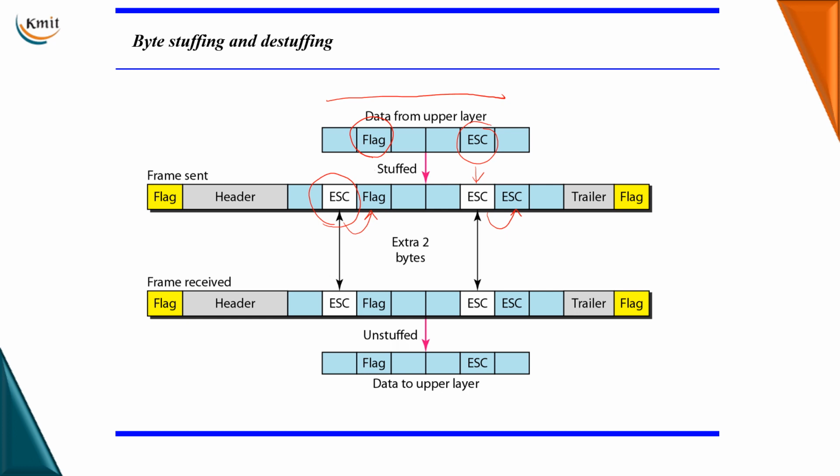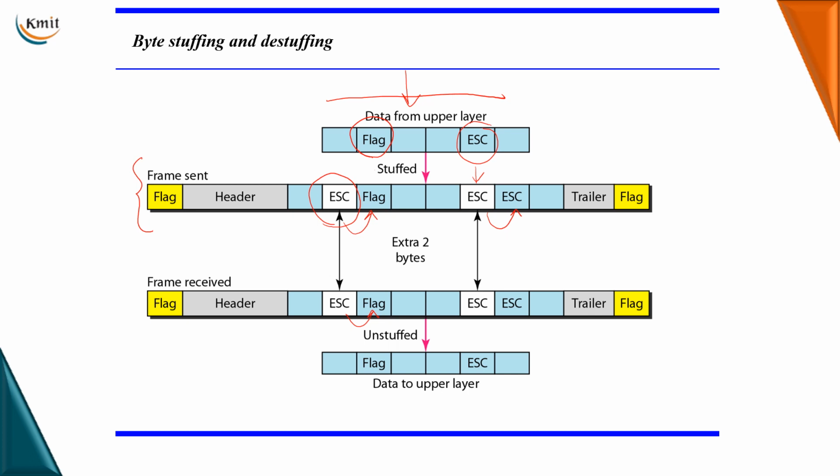So the sender, while sending the frame, when there are accidental flag or escape bytes appearing in the data portion, does byte stuffing, where we add an extra byte called an escape byte before the accidental flag or escape bytes. You can see extra 2 bytes have been added, which will inform the receiver to treat this flag as data, not as control information.